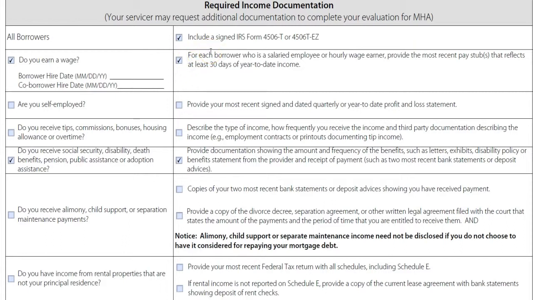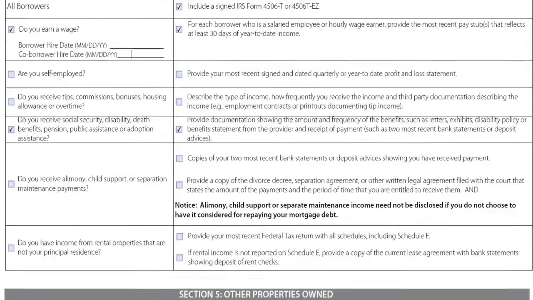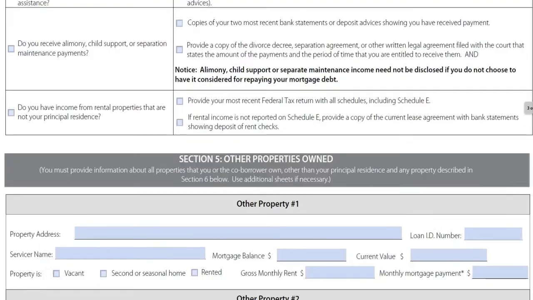Okay, so you're basically check marking the things that apply to you. So some of these may apply, none of these may apply. So on the left-hand column, take a look there first, check mark what applies, and then take a look over on the right side and make sure you include all of the documents that are being requested for your situation.